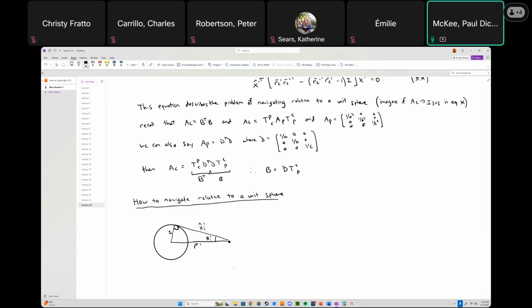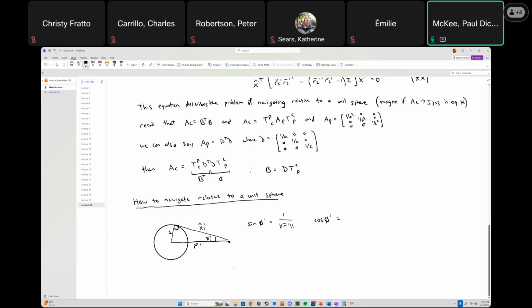And we have a triangle here, so we can start using some trig functions. So let's say that the sine of phi prime, you remember SOHCAHTOA, sine is opposite over hypotenuse, so it's going to be 1 over the norm of r prime. Similarly, cosine of phi prime, cosine is adjacent over hypotenuse.